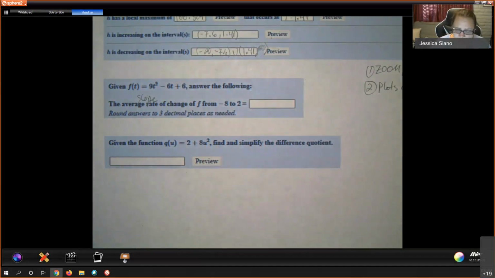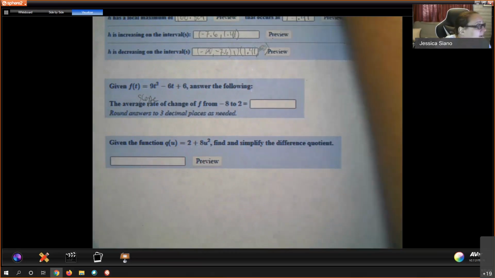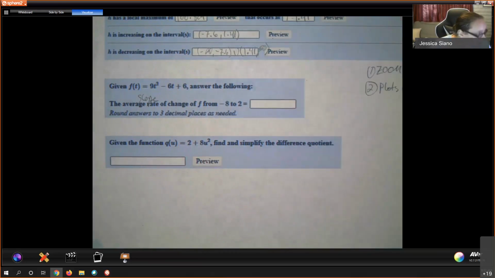I need x1, y1, x2, y2, and all I have are x values. So in order to find the slope, I'm going to take these and plug them in, and that's how I'm going to get y values.